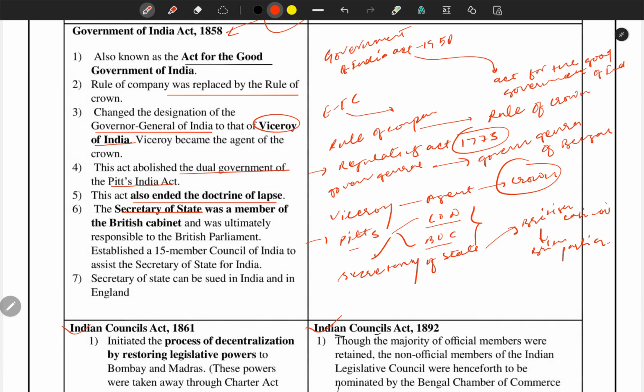This Government of India Act of 1858 established a 15-member Council of India to assist the Secretary of State of India.